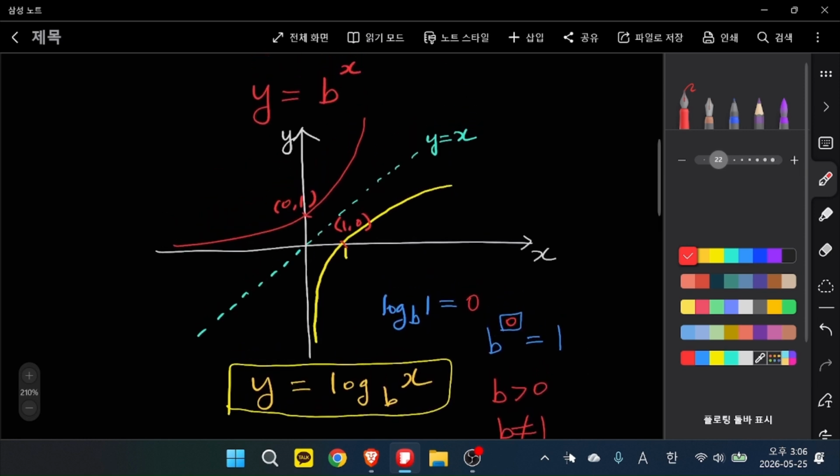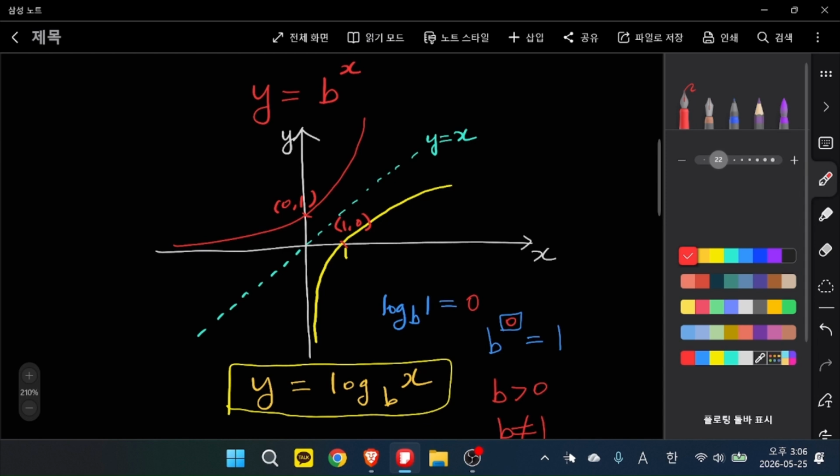If the base were negative, certain exponent values would create expressions that are not real numbers. For example, negative numbers raised to powers like 1/2 create problems in the real number system. Since we want the exponential function to be defined for all real values of x, the base must be positive.